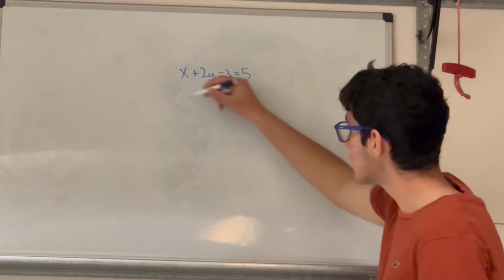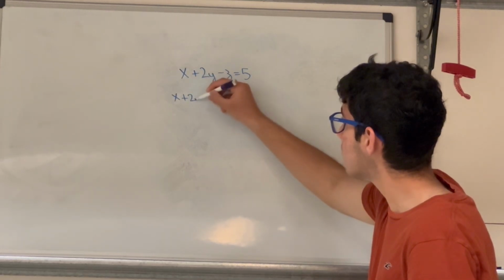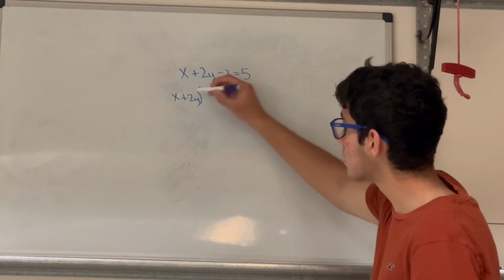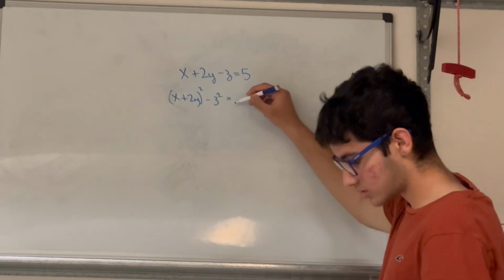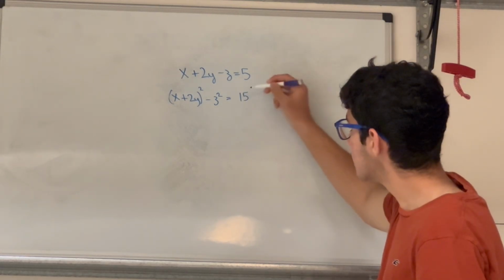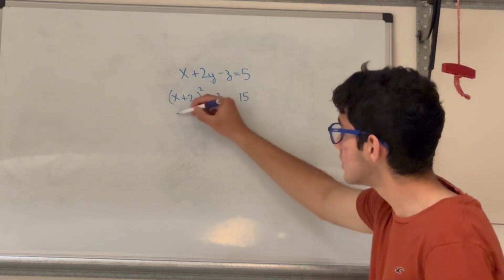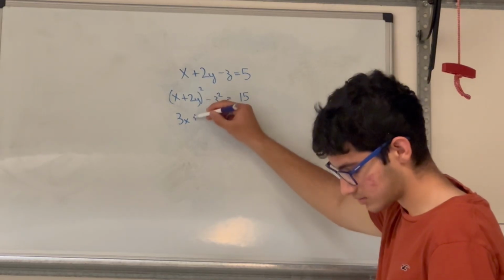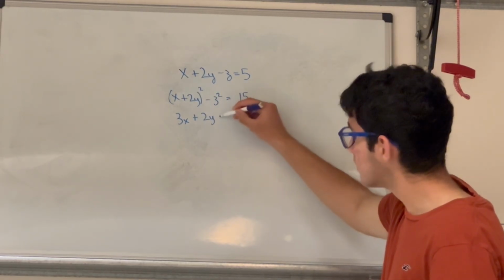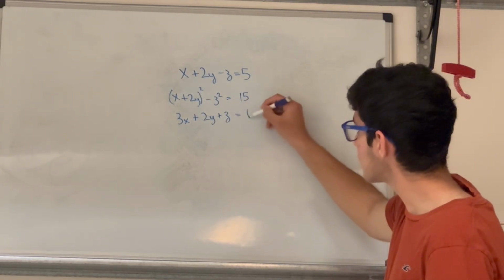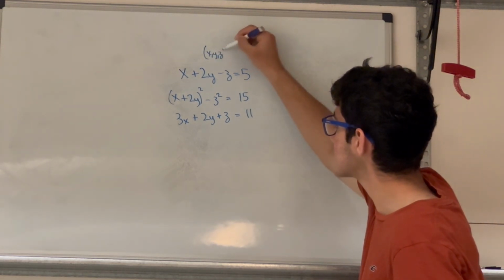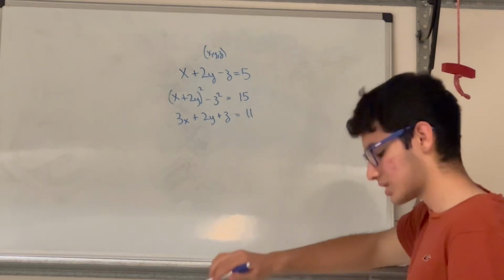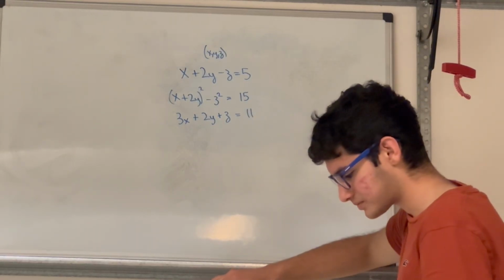The second one is (x plus 2y) squared minus z squared is equal to 15. And I think our last equation is 3x plus 2y plus z equals 11. And they're asking us to find x, y, and z, right? So they're asking us to solve for all of them, not just one of them. We need to find all of them.